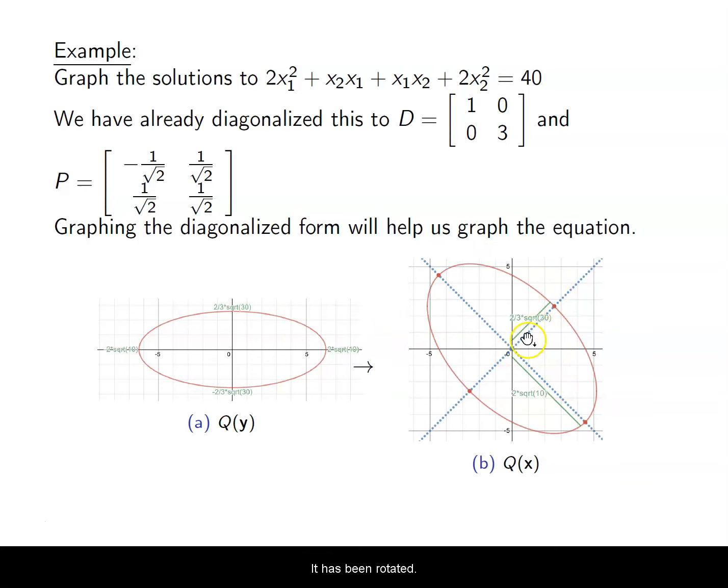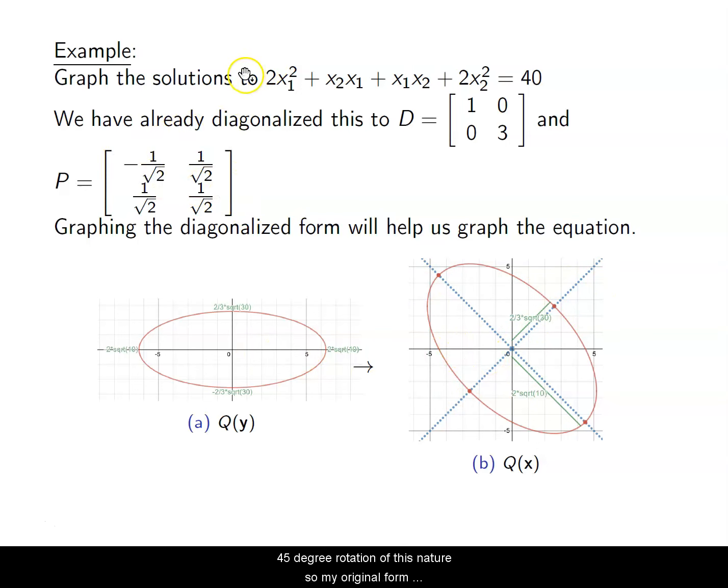Okay, my translation now looks like this. It has been rotated according to these vectors, negative 1, 1, right? Negative 1, 1, and 1, 1. And that's a 45-degree rotation. It's very easy to see that this is a 45-degree rotation of this matrix.